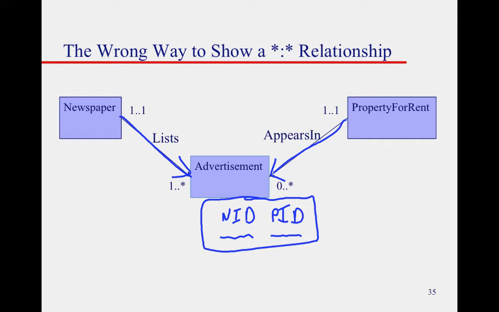That should be a huge tip-off that the relationship is really between newspaper and property for rent, not between a newspaper and an advertisement and a property for rent in an advertisement. So when you consider what this entity would contain and you find out that it has two foreign keys like that, that's a huge clue that you missed the relationship. Does that make sense? Okay.